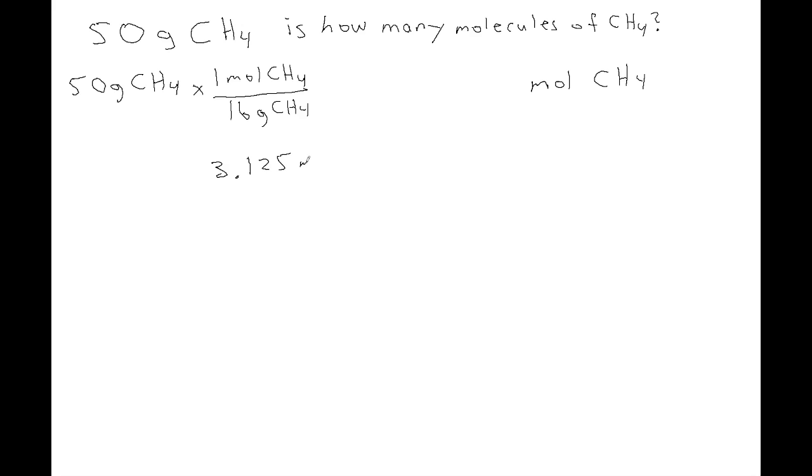And then you would take that 3.1 moles of methane times Avogadro's number over 1 mole of methane, which gives you 1.8 times 10 to the 24th.